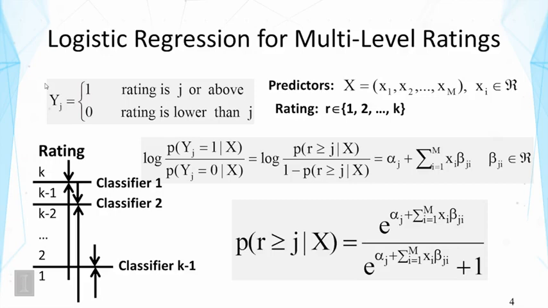And I have also used alpha sub j to replace beta 0. And this is to make the notation more consistent with what we can show in the ordinal logistic regression. So anyway, here we now have basically k minus 1 regular logistic regression classifiers. Each has its own set of parameters.